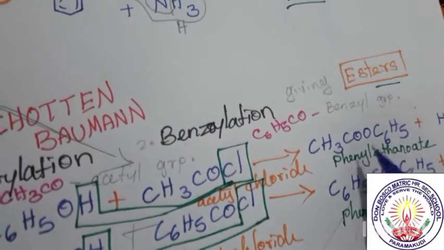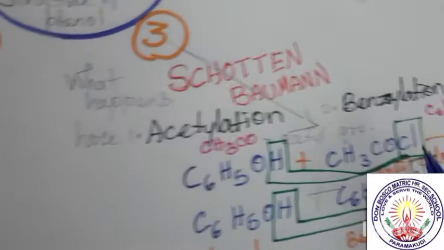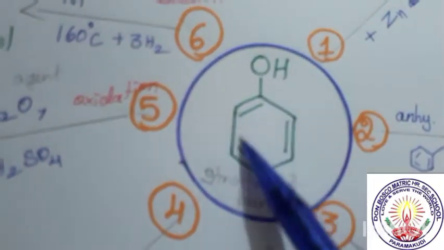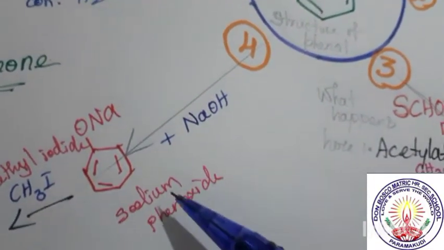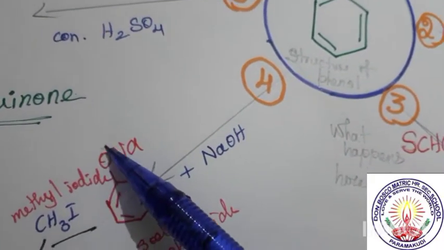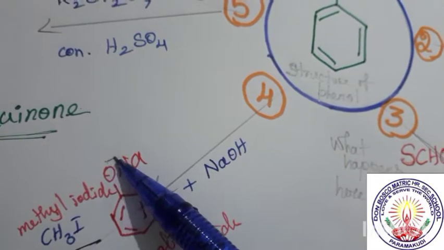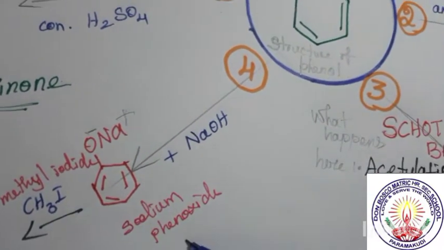These are esters. So the third reaction is formation of ester. The fourth one is when this phenol is treated with NaOH, we get sodium phenoxide, that is O minus Na plus.